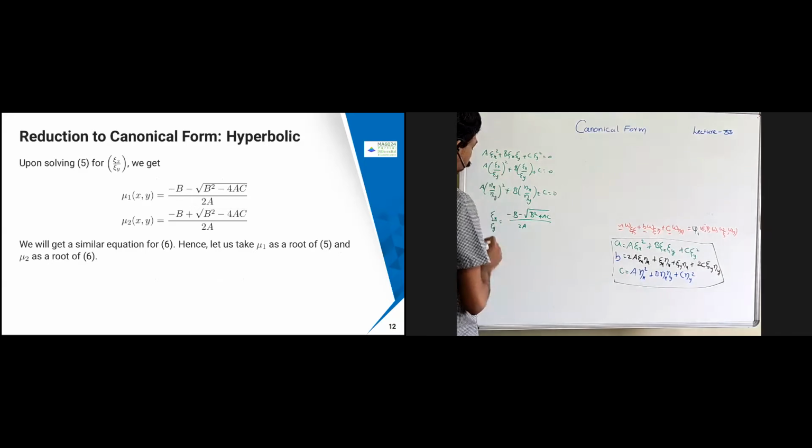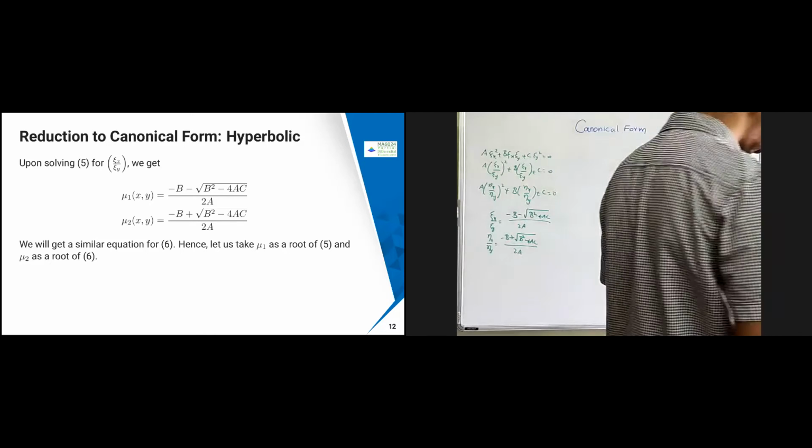I take one as chi_x/chi_y, and the other, minus B plus square root of B squared minus 4AC, as eta_x/eta_y. You can take it the other way also; you will get a similar case.